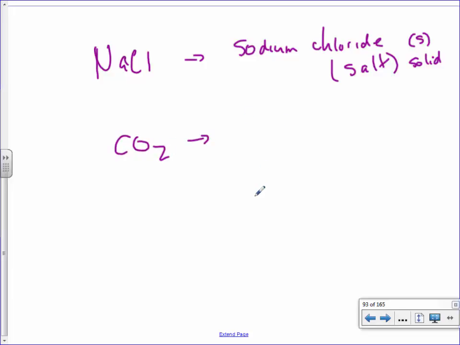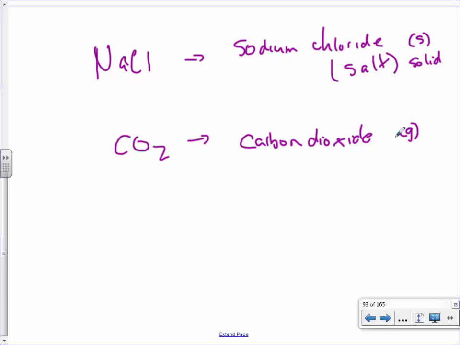Here is a different compound. CO2. Carbon dioxide. What state of matter is carbon dioxide? That's a gas. This is a fairly weak compound then. Carbon dioxides and other carbon dioxides don't stick together to form solids the same way that ionic things do, because they don't have positives and negatives.